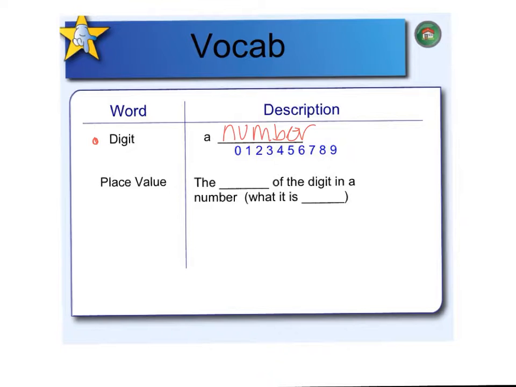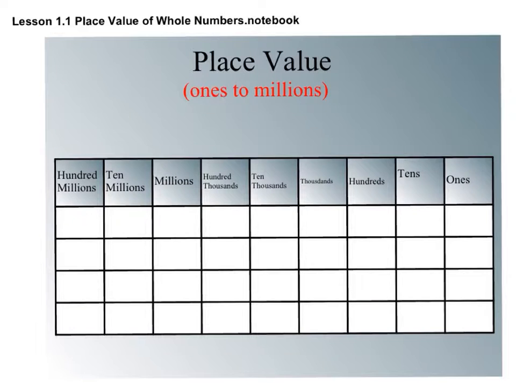When you hear the words place value, what we mean is the value of a digit in a number. In other words, what it's worth. When we talk about place value, we're talking about what a number is worth.